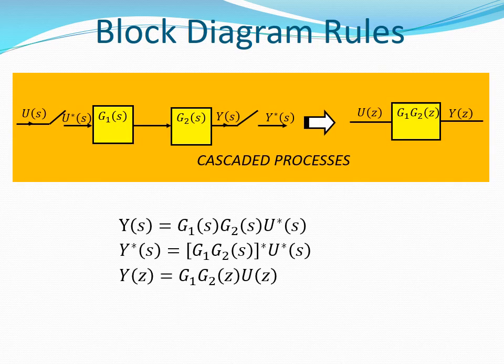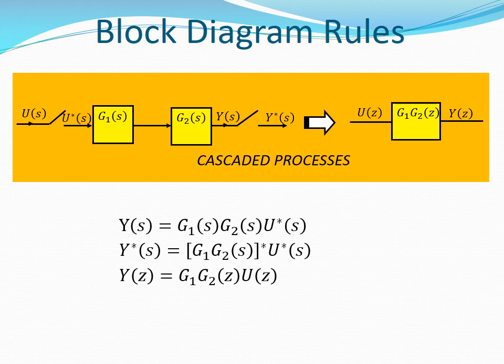For cascaded processes, we first obtain the overall Laplace TF of the cascaded processes before we obtain the equivalent Z transfer function. Therefore, using an example with two cascaded processes, the Z domain block diagram for the process is a Z transform block G1G2(z).